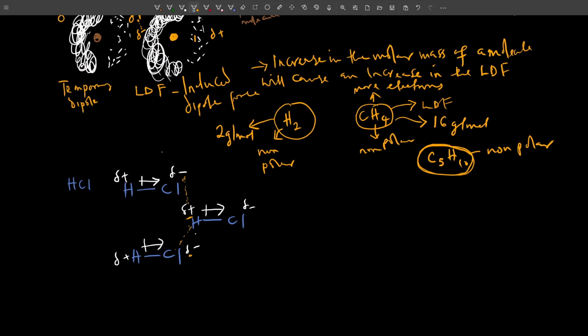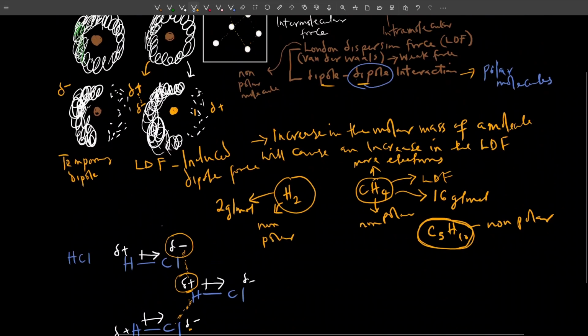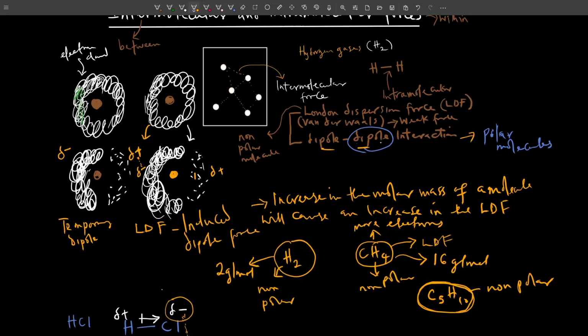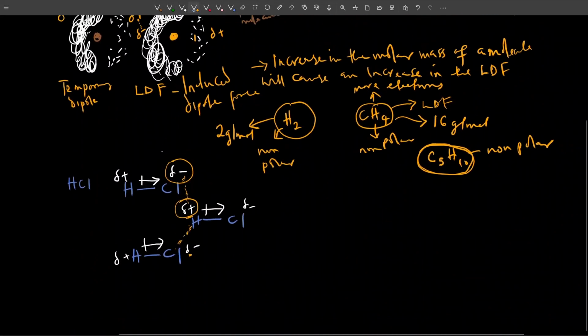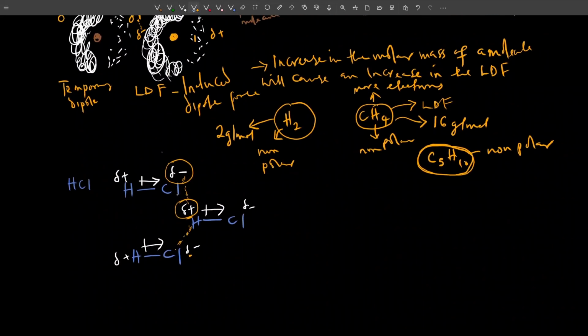So what is interacting? In my example, you can see that dipoles are interacting. This dipole is interacting with this one over here. So that is called dipole interaction. The kind of intermolecular force between HCl molecules is dipole interaction.